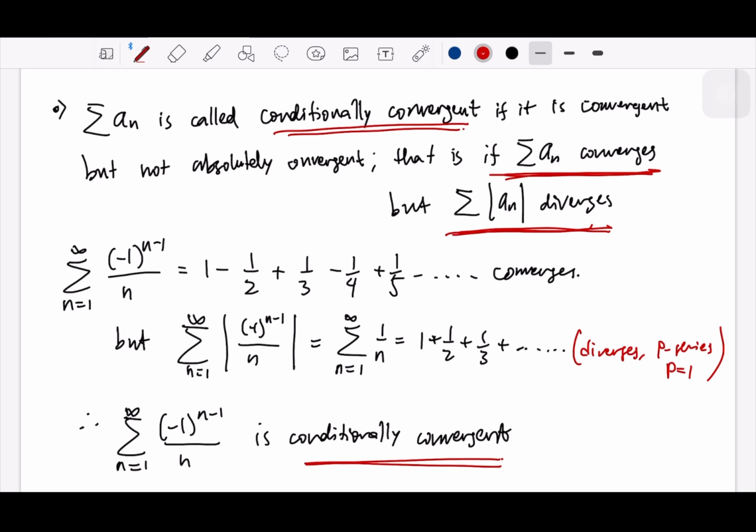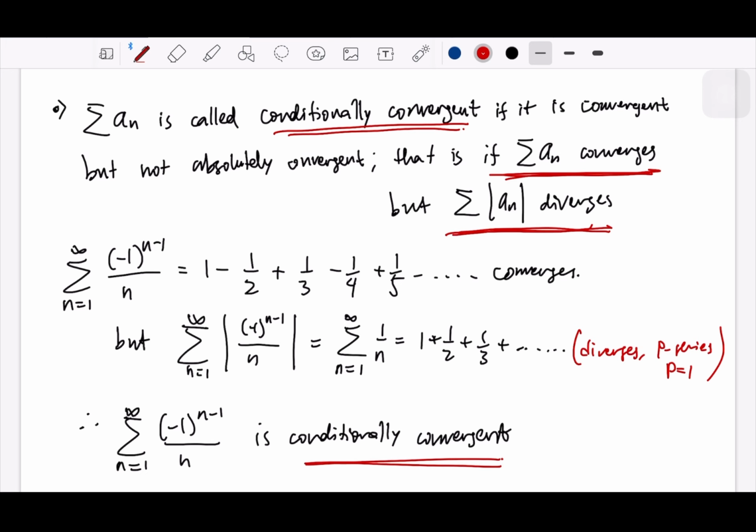And then you can conclude whether it's conditionally convergent or absolutely convergent. Or if the absolute series diverges, then you can directly say it's divergent. So when you have an alternating series and it seems that it's going to diverge, then probably it will diverge.